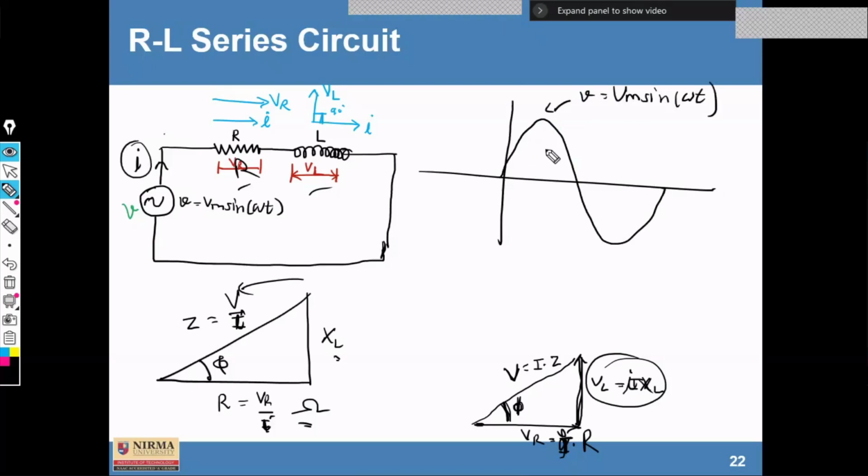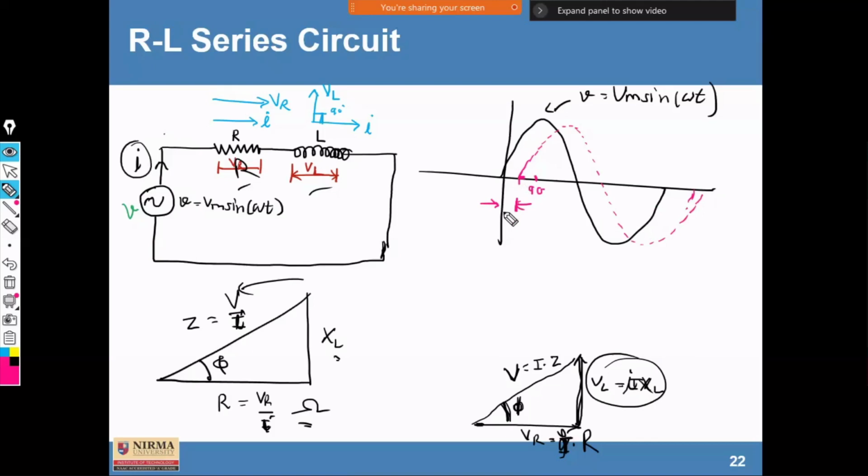And we simultaneously can draw the current also. And this current may vary from 0 to 90 degree. Fine. So here it may be any angle, and we can draw according to this. Fine. So this angle phi has a range from 0 to 90 degree.